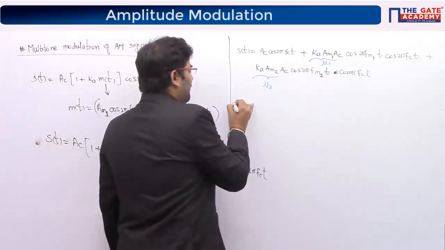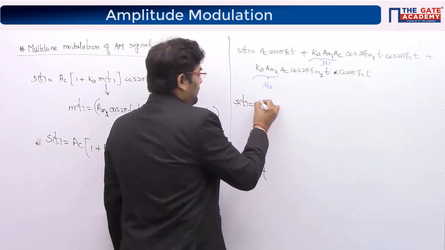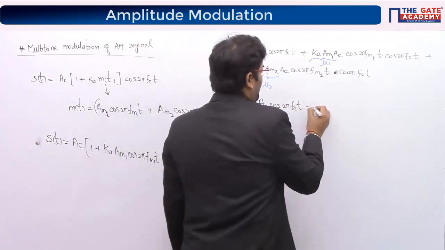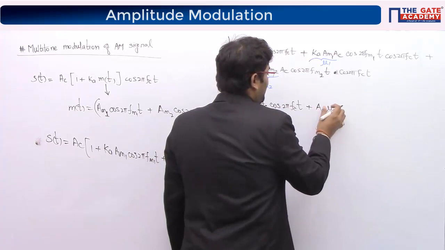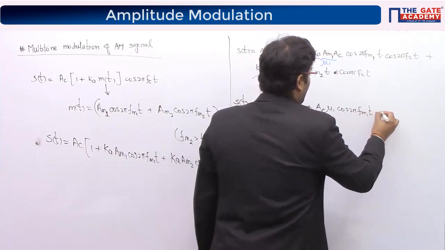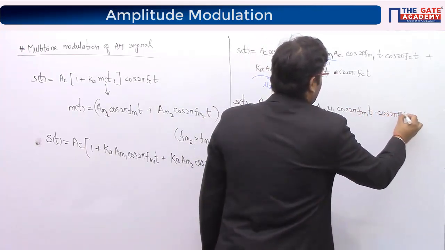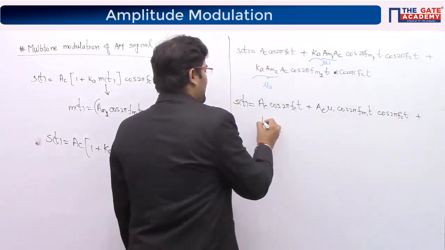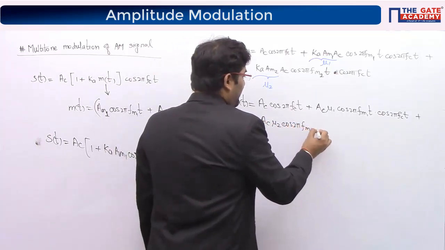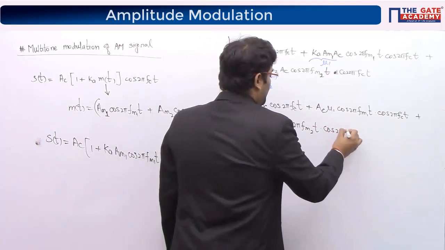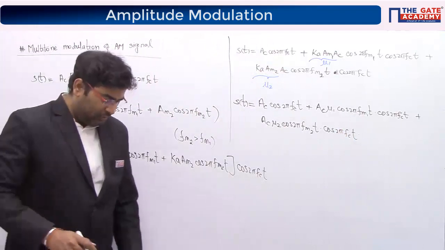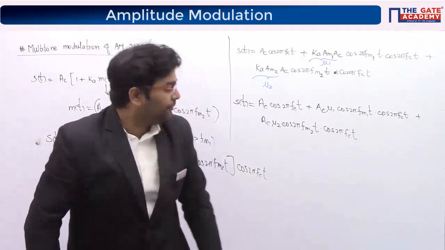So we can rewrite S of t equal to AC cos 2 pi fct plus AC mu1 cos 2 pi fm1t cos 2 pi fct plus AC mu2 cos 2 pi fm2t into cos 2 pi fct. So I'm going into full detail, okay?